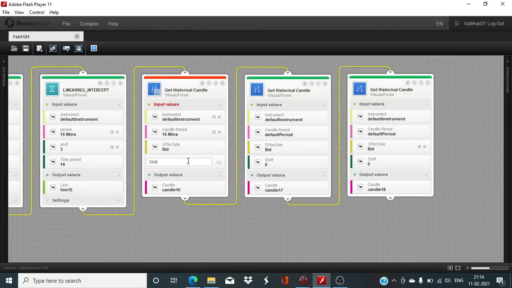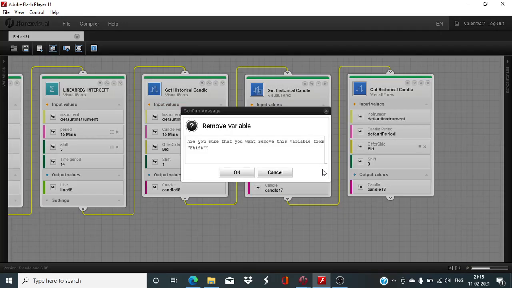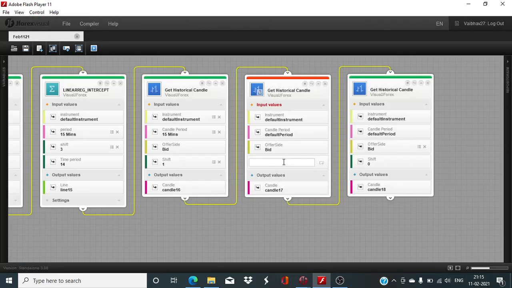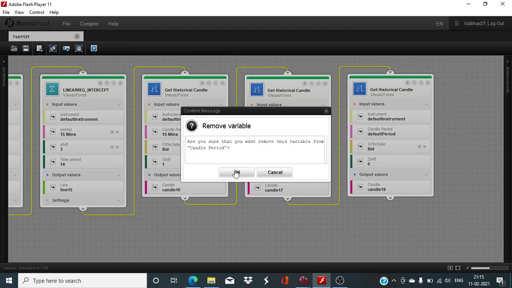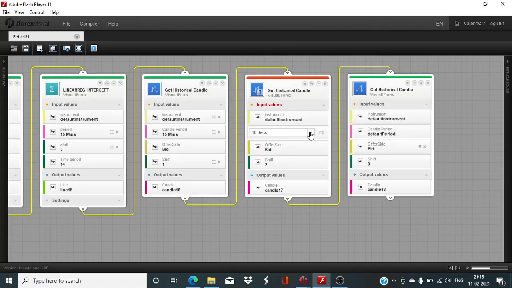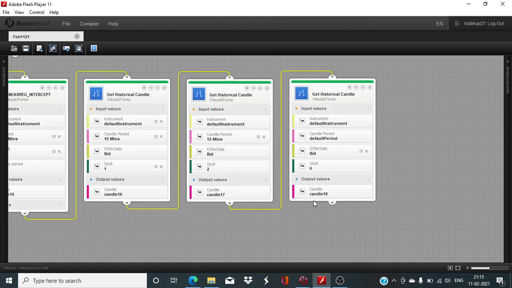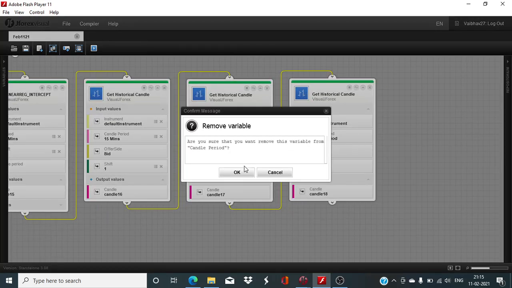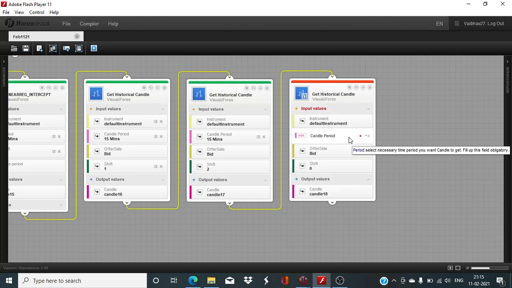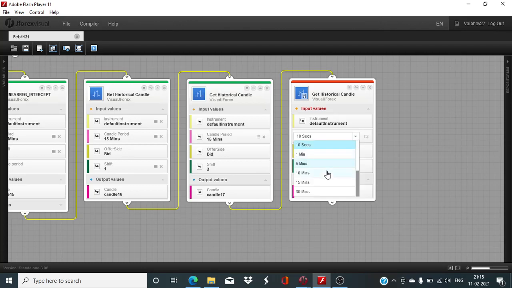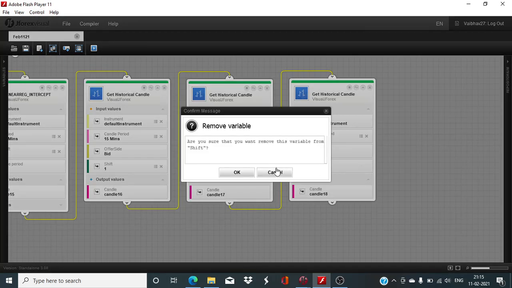Shift value of 1. Here, shift should be 2. Default period of 15 minutes, and the period should be again 15 minutes. And the shift value 3.